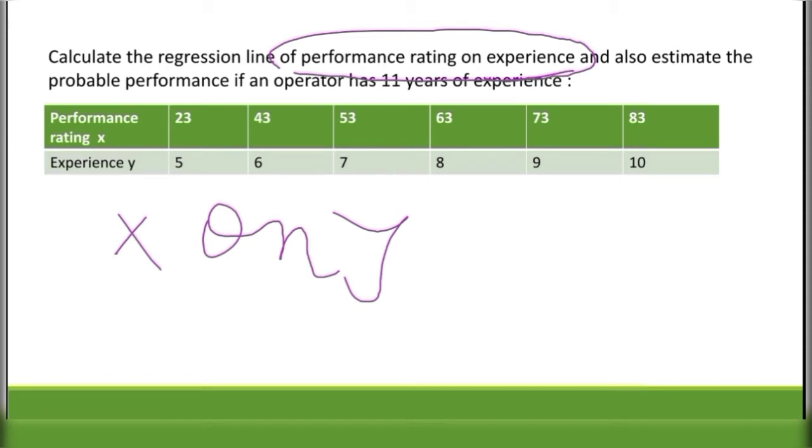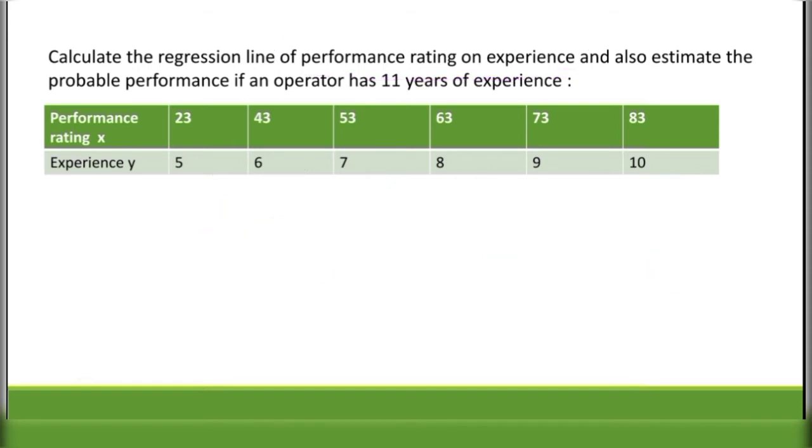Here, as you can see in the data, we have 1, 2, 3, 4, 5 and 6. Total 6 values of X and Y are given to us, which means our n will be equal to 6. The first step is you will have to decide by which way you will find out the regression coefficient.